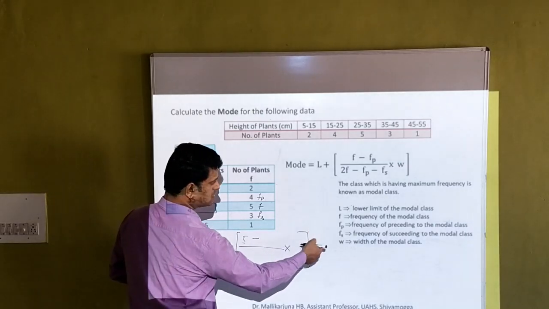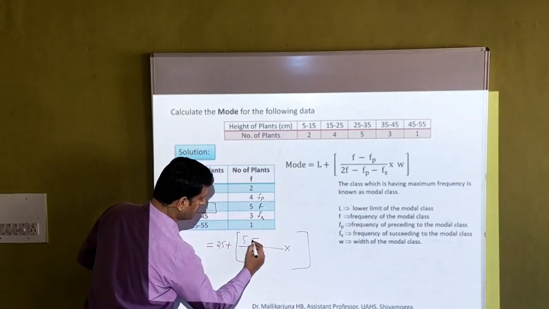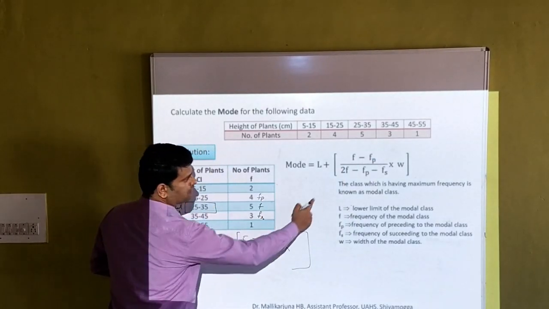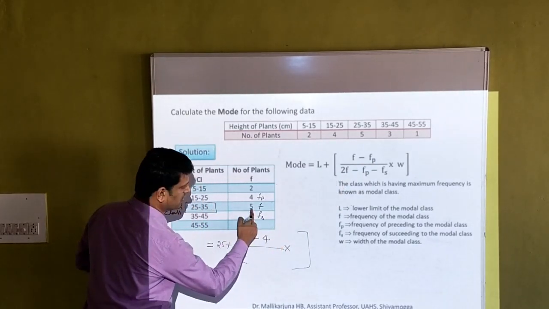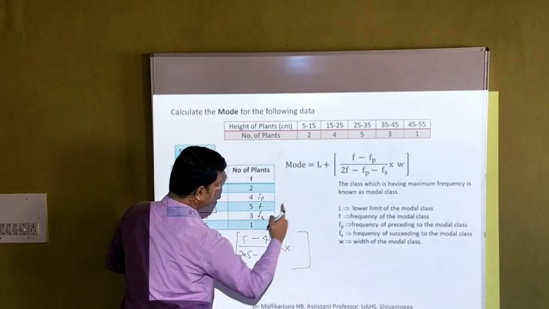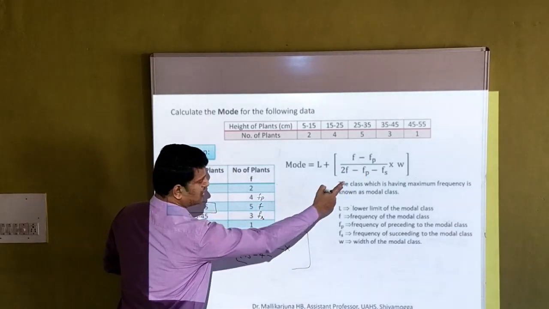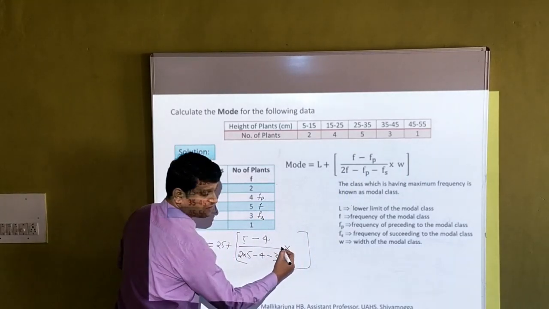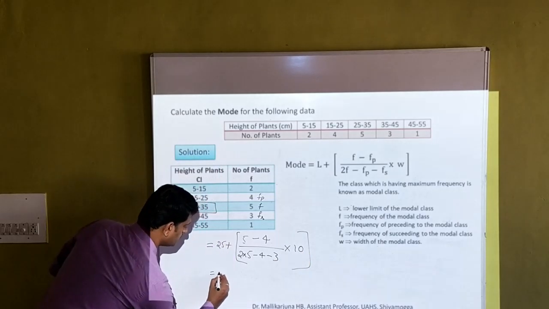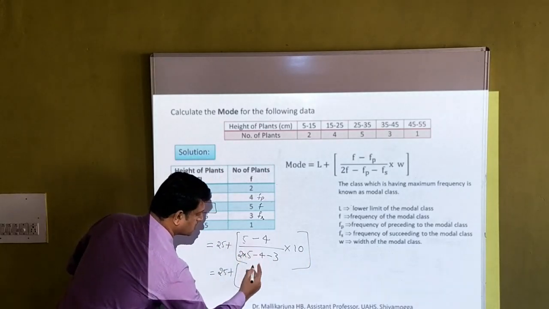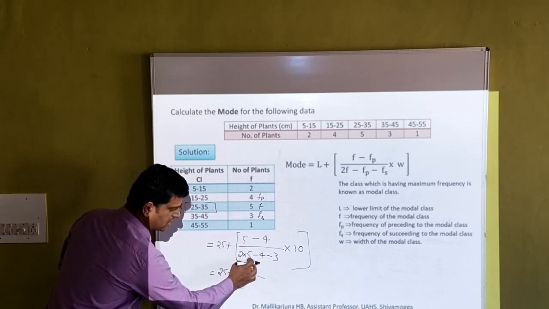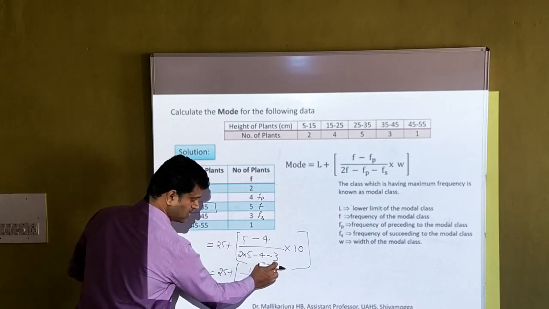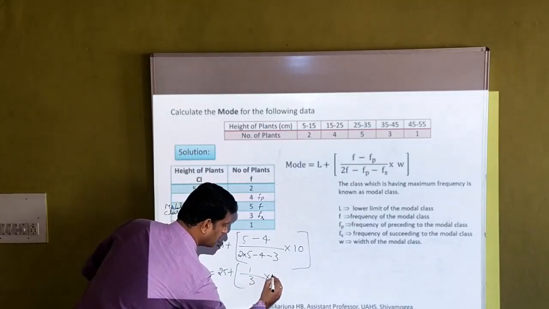So of course I am substituting those values. The frequency of the modal class is 5, substituted. Fp is 4, then 2F: 2 into F, frequency 5, minus Fp 4, minus Fs 3. Here W is the width, 35 minus 25 is 10. Of course, 25 plus (5 minus 4) divided by (10 minus 4), that is 6, 6 minus 3 is 3, into 10.